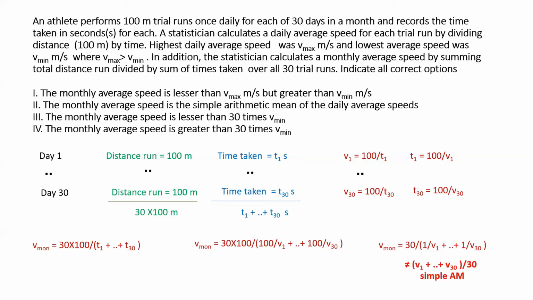And that's a really special and very hypothetical case. This statement in the problem that Vmax is greater than Vmin clarifies that's not the case. So that's why option 2, the average monthly speed is the simple arithmetic mean of the daily average speeds, can be ruled out from what we have so far.